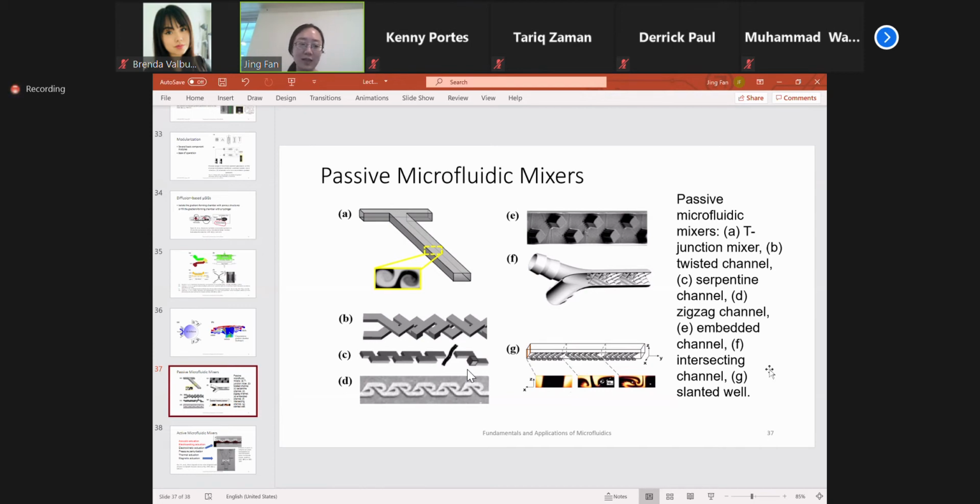And because in most of these devices diffusion is the single mixing mechanism, which is relatively slow, if we require very fast and thorough blending, then a diffusion-based mechanism is not sufficient.